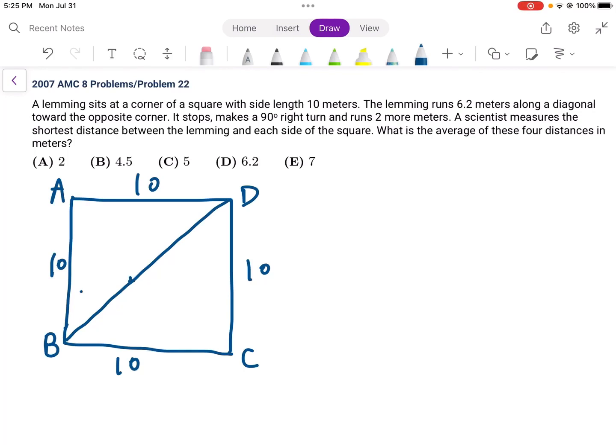So 6.2 meters. And then assume the lemming arrives at point E. After that, it stops, makes a 90-degree right turn and runs 2 more meters. And then let's assume it ends at F.